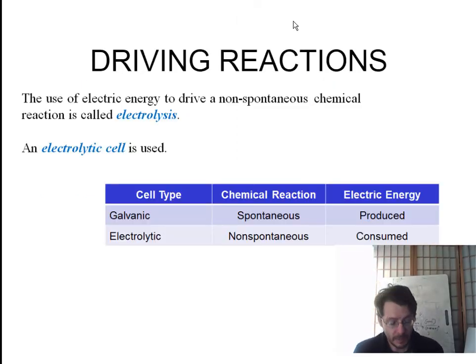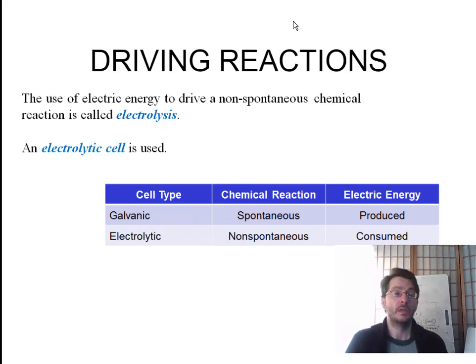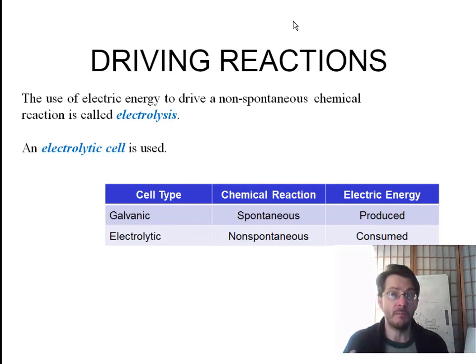Where electrochemistry gets interesting is that it works in reverse too. All right, galvanic cells are spontaneous, and you can actually use them to drive electrical energy. But you can reverse the reaction as well. You can use what we call an electrolytic cell, one that's non-spontaneous. You can drive the reaction backwards by forcing electrons into the system.